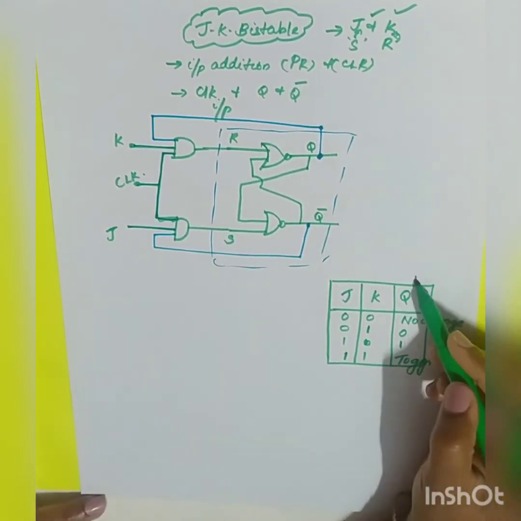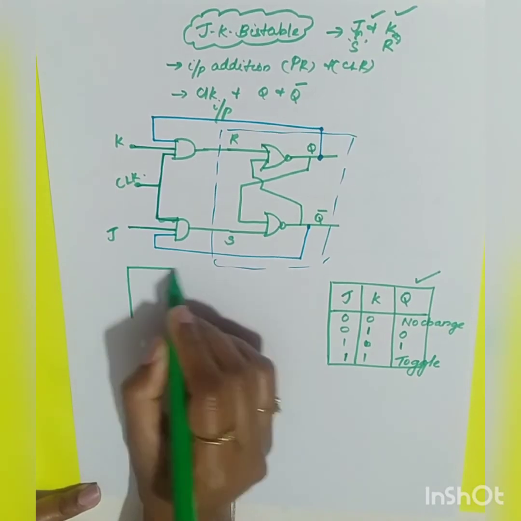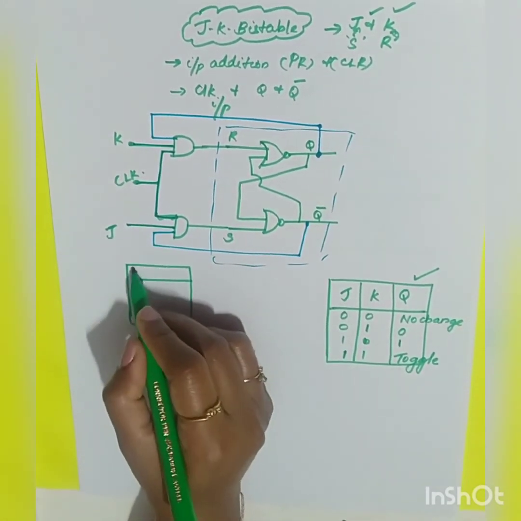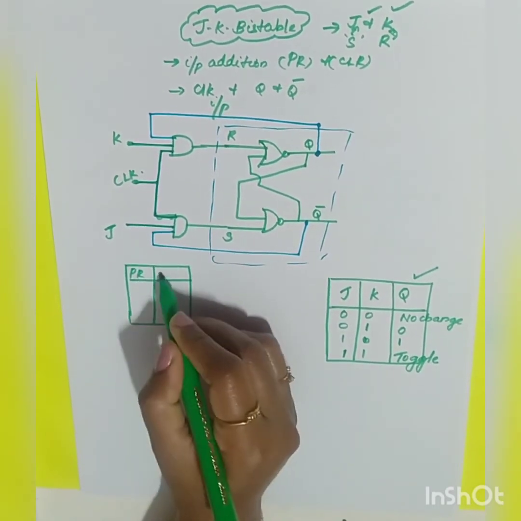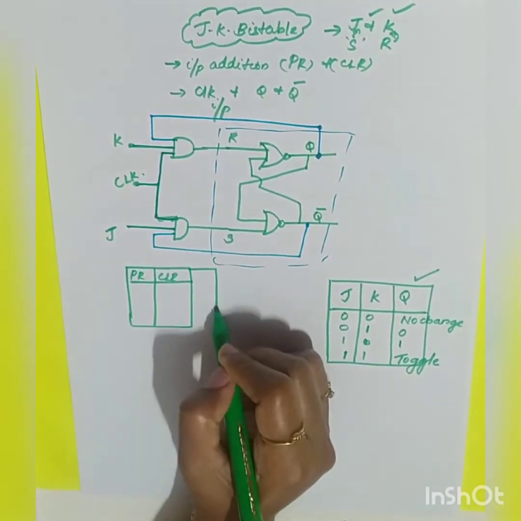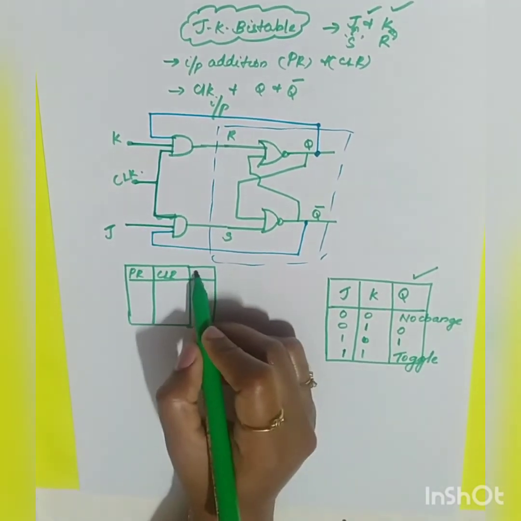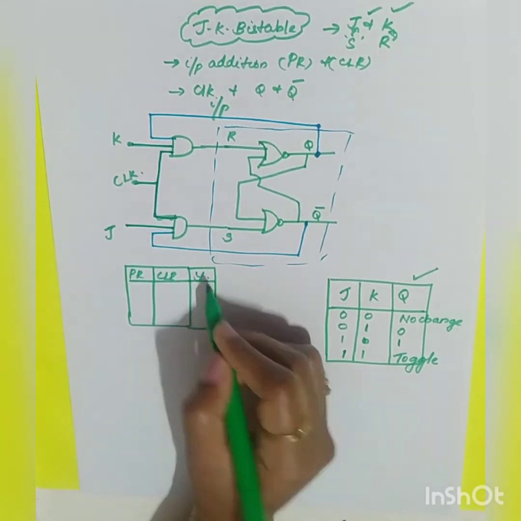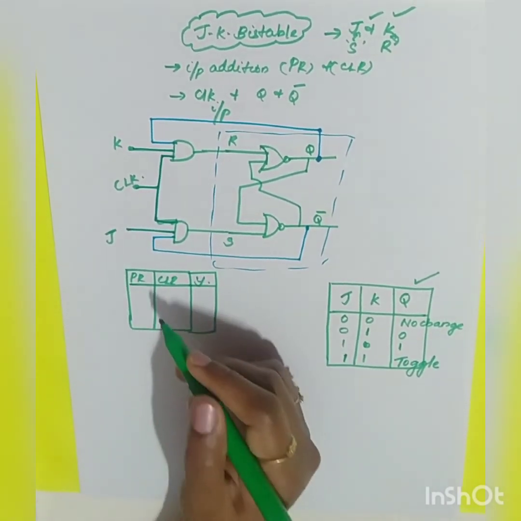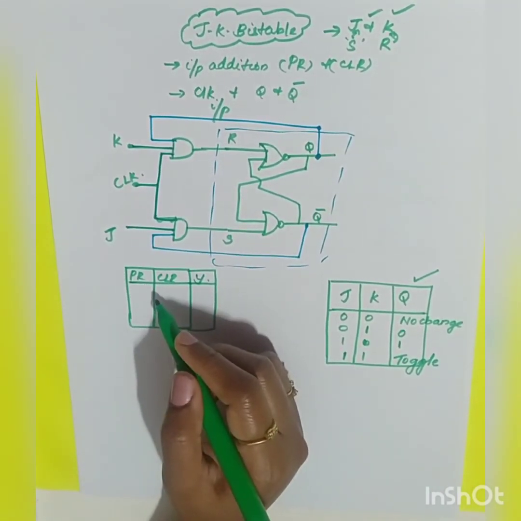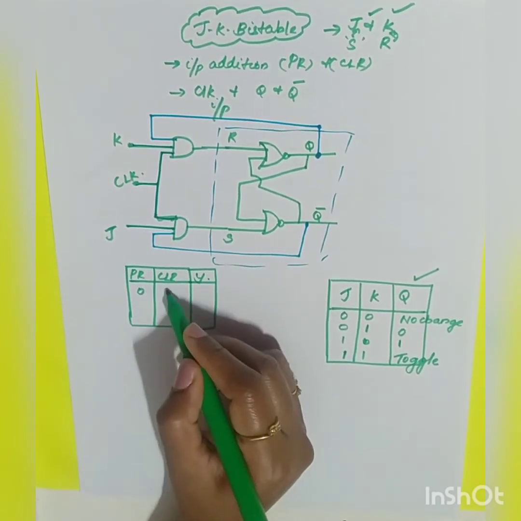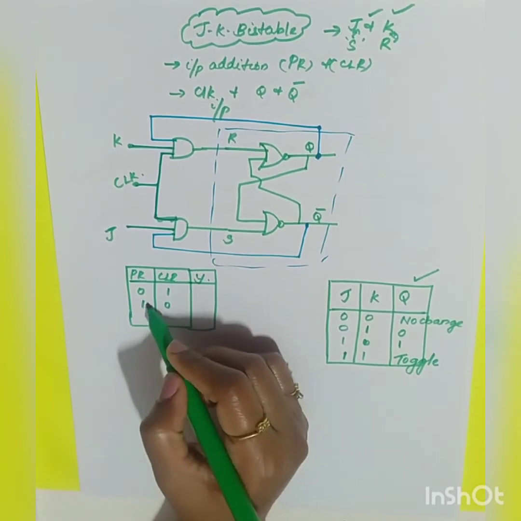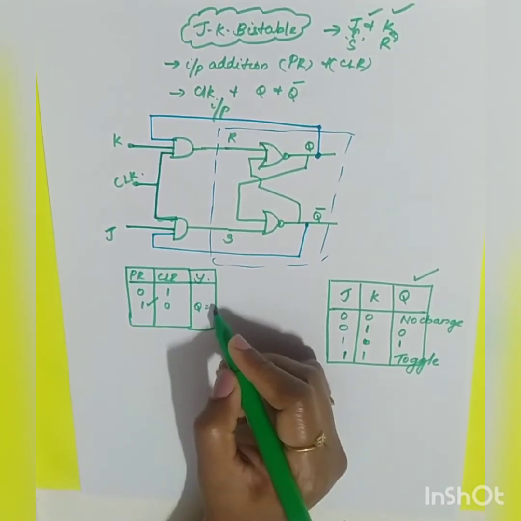Okay, so this is one truth table, and you have another truth table, that is for your preset and clear. Preset and clear, what is your output? Let me take the output as Y. Here, if I give the conditions 0 1, 1 0, when preset is equal to 1, your value of Q will always be set to a predetermined value.